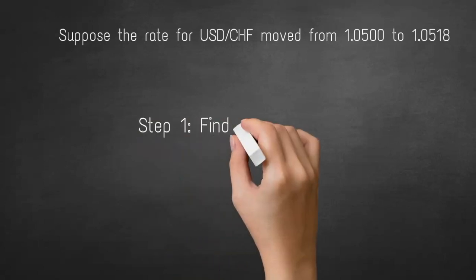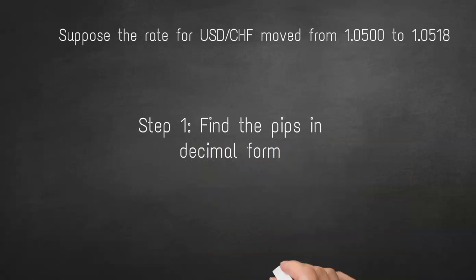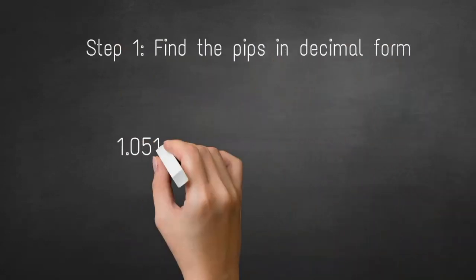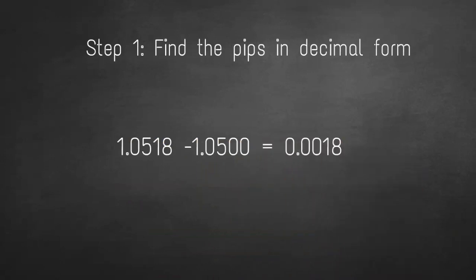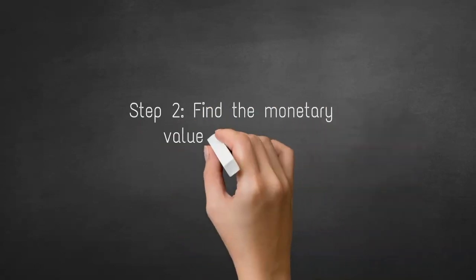So the USD Swiss franc moves from 1.0500 to 1.0518. Step 1. Find the pips in decimal form. Step 2. Find the monetary value of your pips.